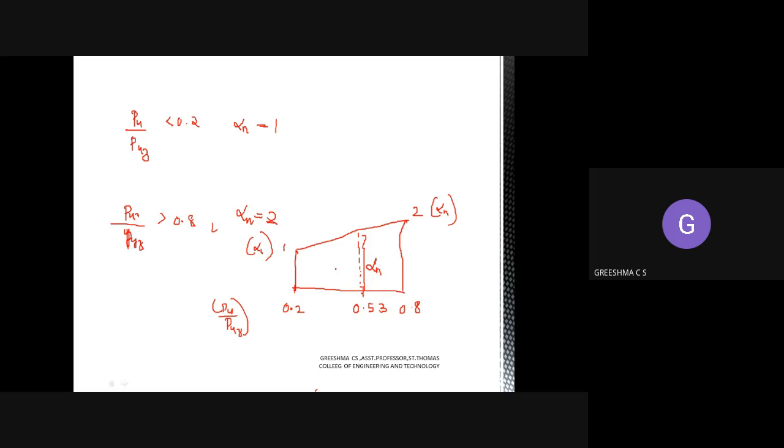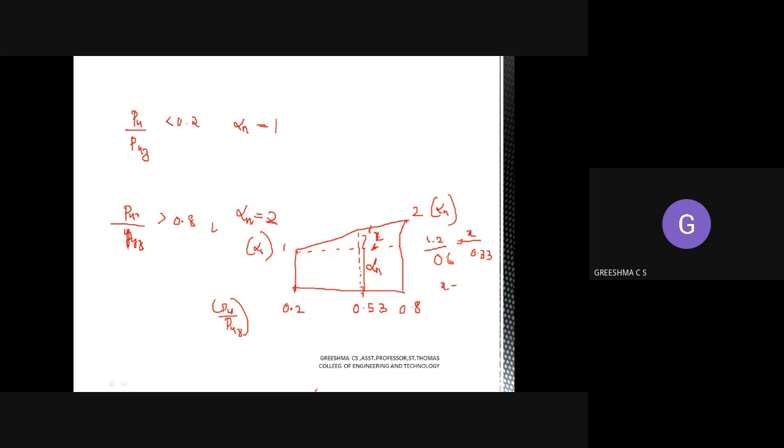So how will you interpolate? If you interpolate, you'll get the alpha n value using the similar triangle properties. 1 divided by 0.6, and you can take this portion as x, so x divided by 0.33.